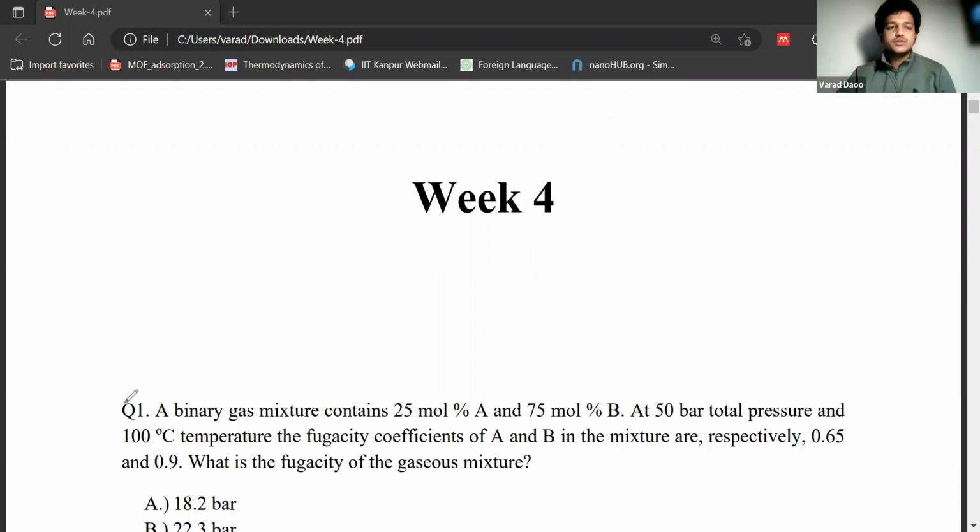So the first question which we have is a binary mixture. Remember, when we say binary, that means it is two components.